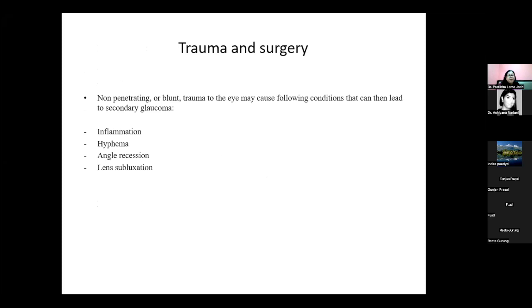Trauma and surgery. Certain trauma and surgery, penetrating or non-penetrating blunt trauma to the eye, may cause secondary open angle glaucoma due to inflammation, hyphema, angle recession, or lens subluxation.